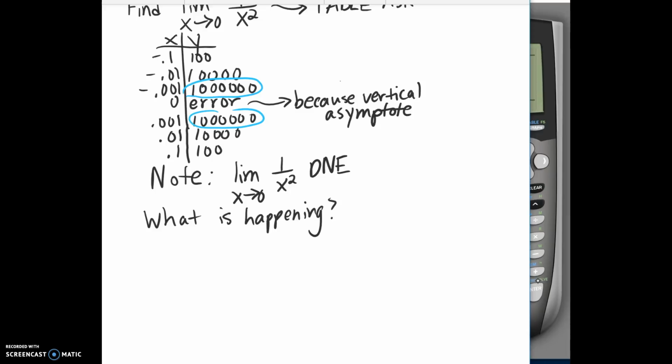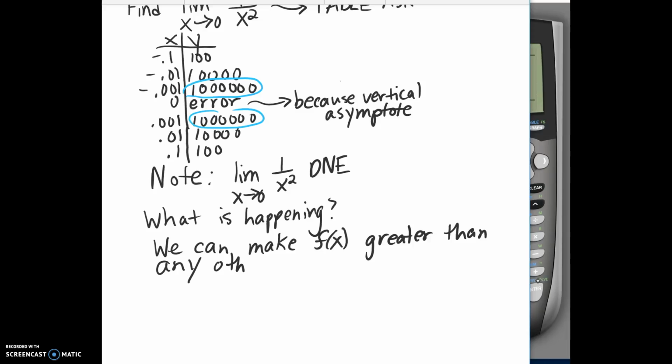And when we do that, we can make f of x greater than any other number, or positive number, by taking x, we will remember this next phrase, sufficiently close to 0 but not equal to 0.